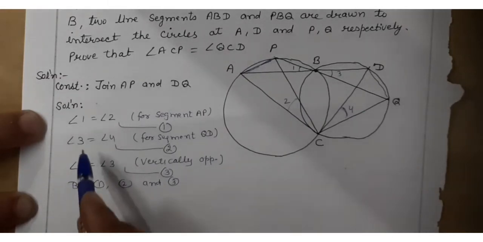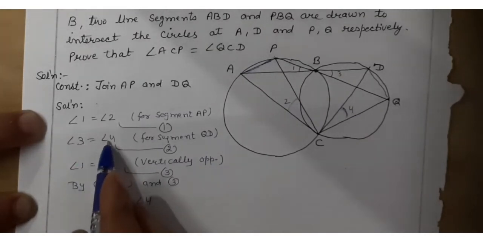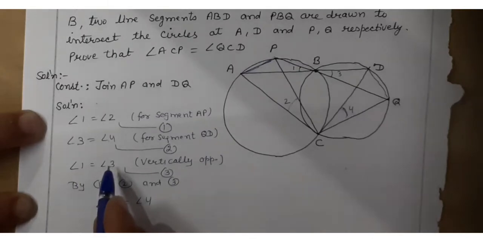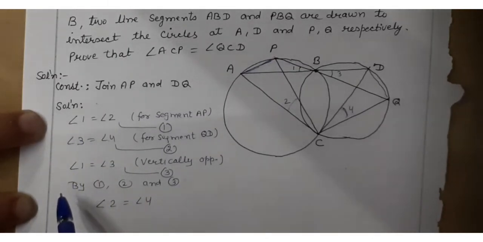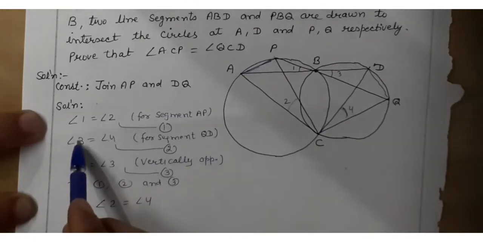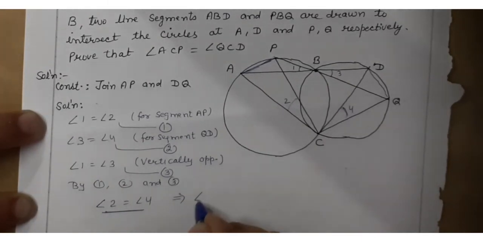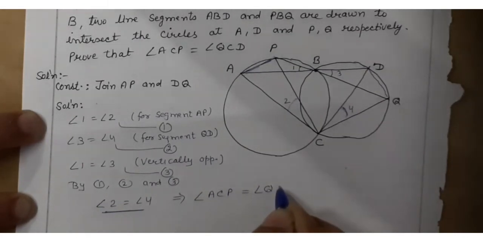So can I write angle 2 equal to angle 4 by 1, 2 and 3, because angle 3 is equal to angle 4, and in place of angle 1, because angle 1 equal to angle 3, you put here angle 2. This by 1, 2 and 3 you can say angle 2 equal to angle 4. Therefore I can write angle ACP is equal to QCD. Okay.